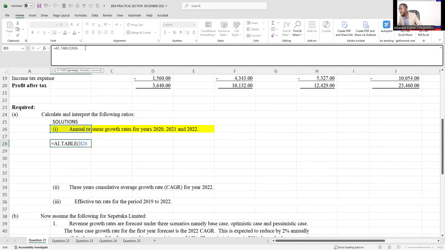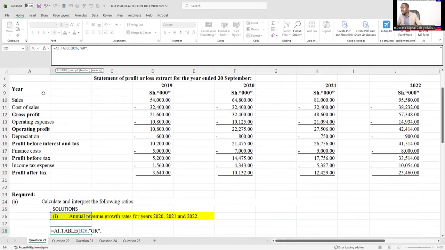In terms of the header you can have anything, like I need the growth rate here. So what do we want in this context? Of course, I want it to give us the annual revenue growth rate.